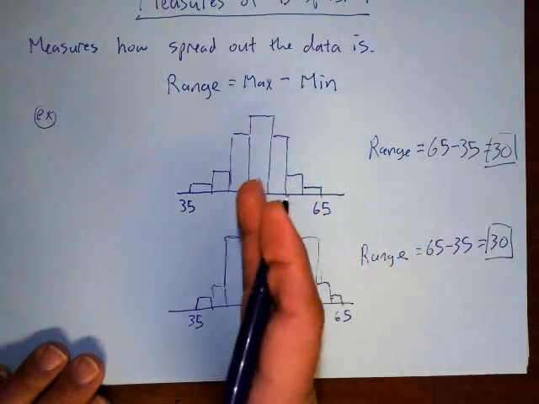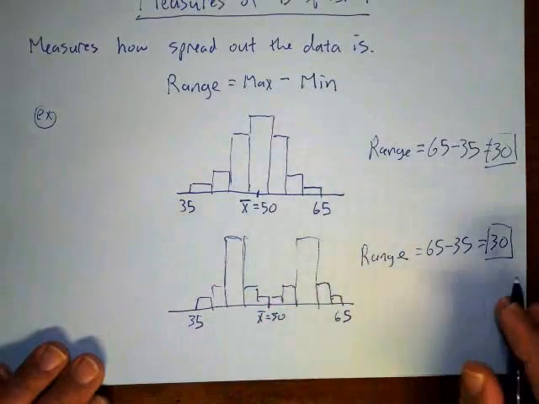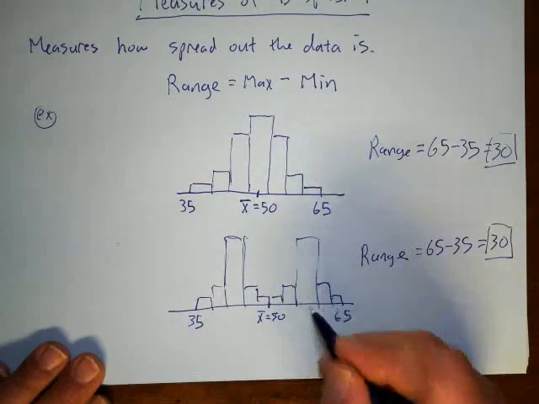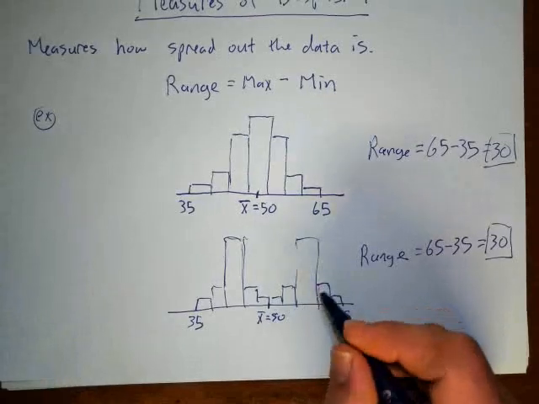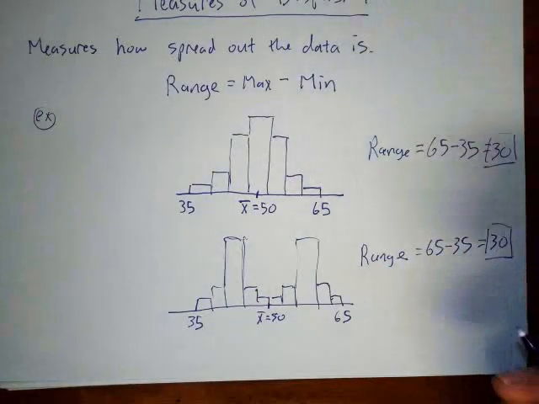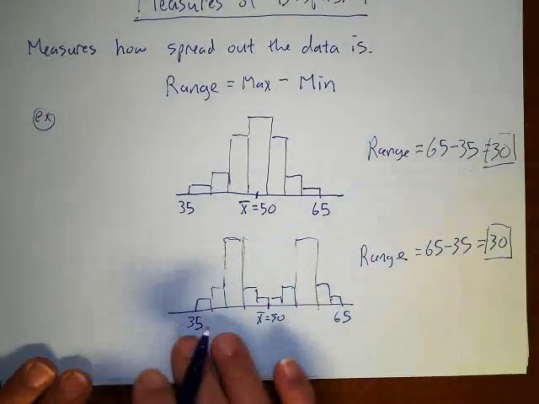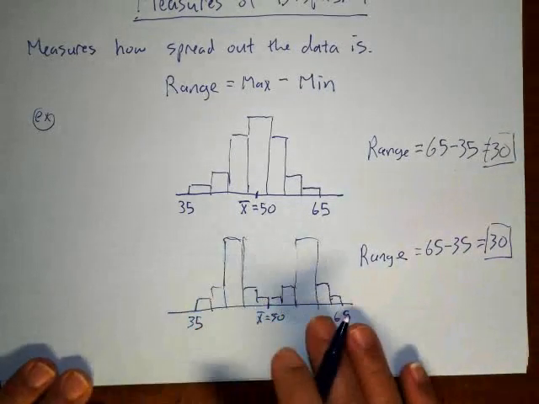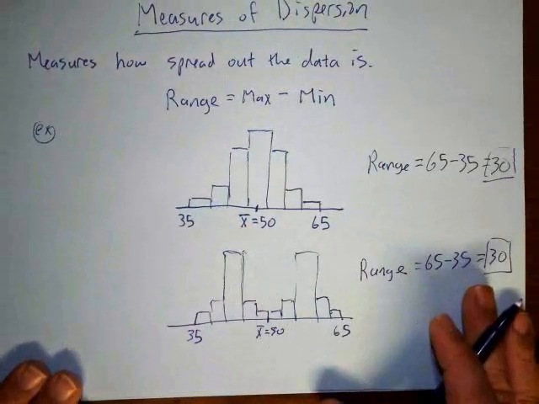It's all spread out to the ends. Most of your data is way out here at the ends of the distribution. So in one sense, this data set down here is more spread out than this data set up here. And what we would like is a measure of dispersion that reflects that, where this data set would have a higher measure of dispersion.